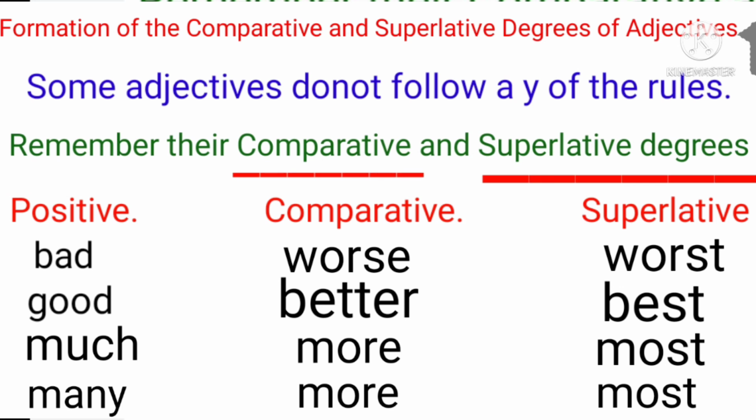Good, better, best. Much, more, most. Many, more, most. There are so many such adjectives that do not follow any of the rules of degrees of comparison, so we need to actually remember their comparative and superlative degrees.